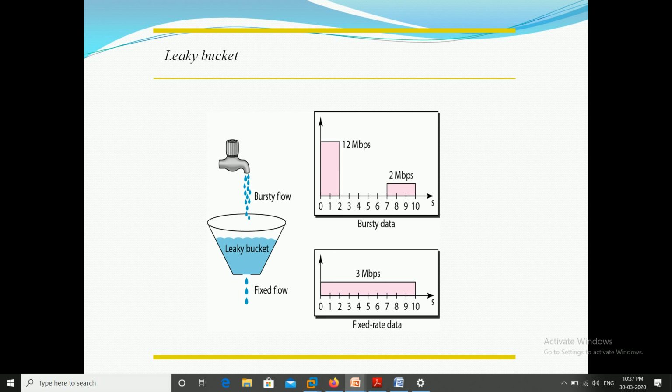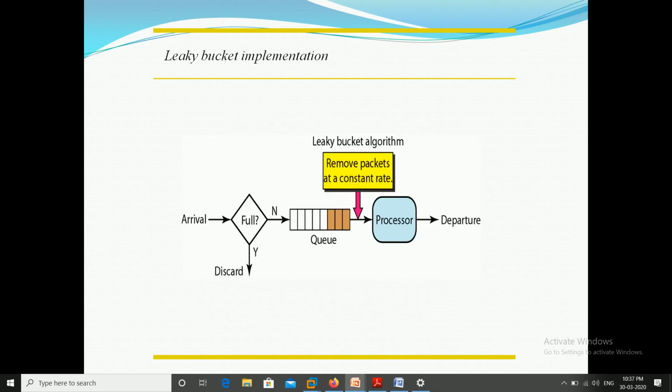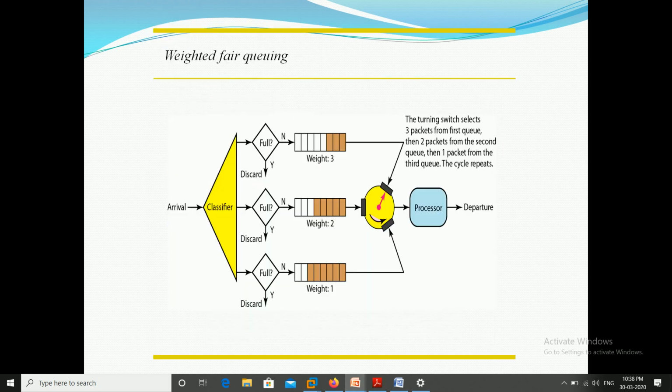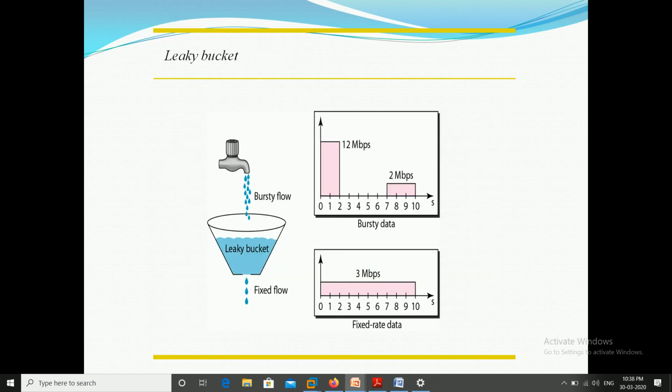Okay. Now we have two very important algorithms: the leaky bucket algorithm, and another one, the token bucket algorithm. We all have buckets in our house.